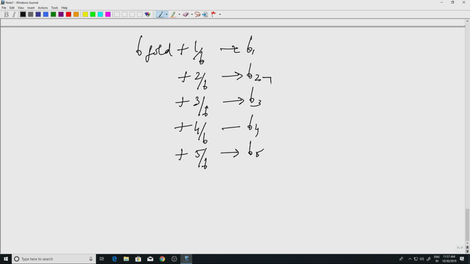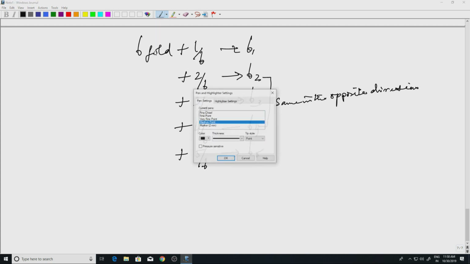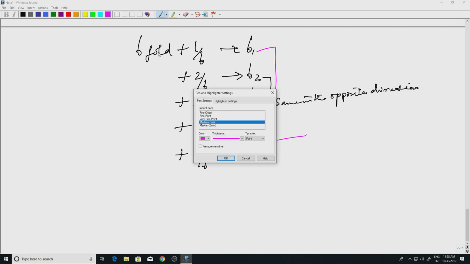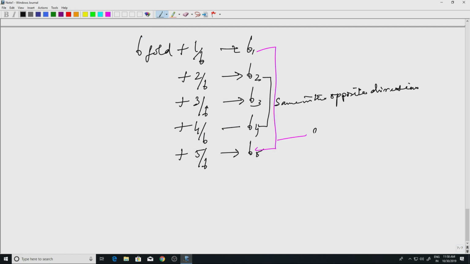Now 6/2 and 6/4 are the same in the opposite direction. Similarly, 6/1 and 6/5 are the same in the opposite direction.